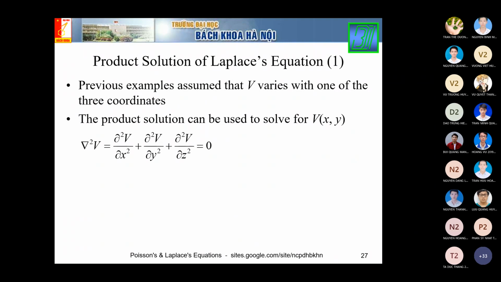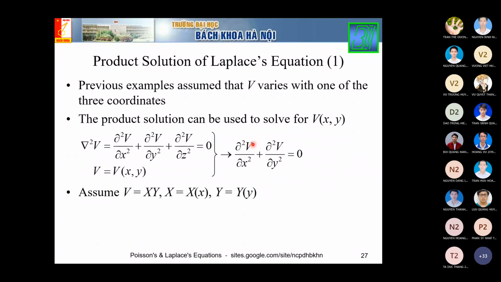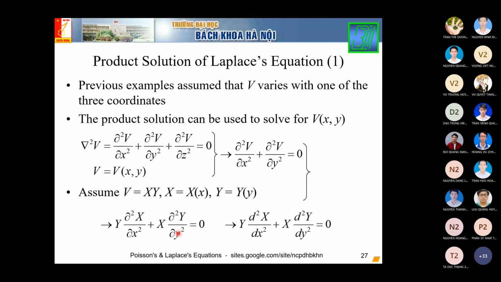This is the expansion of the Laplacian in the rectangular coordinate system. Because V depends on X and Y according to our assumption, we can remove the last term here. In order to solve this second order differential equation, we suppose that the solution is the product of two other functions, X and Y. X depends only on x, Y depends only on y.